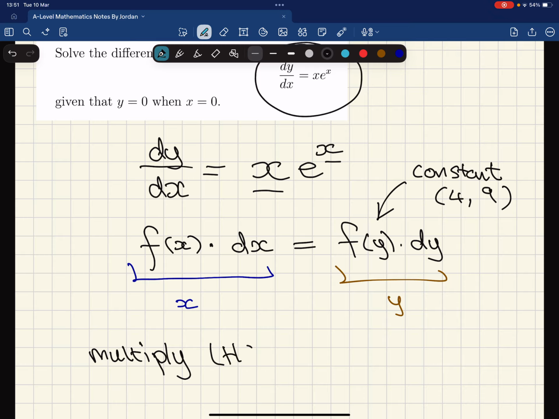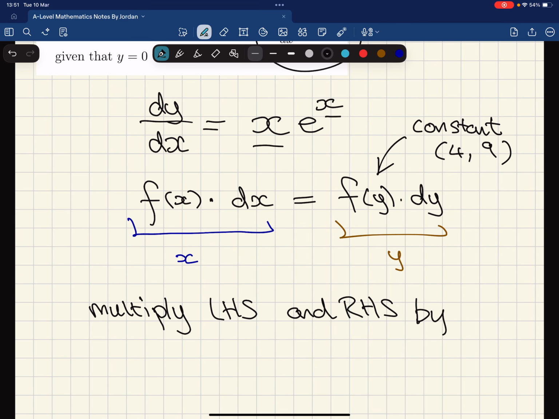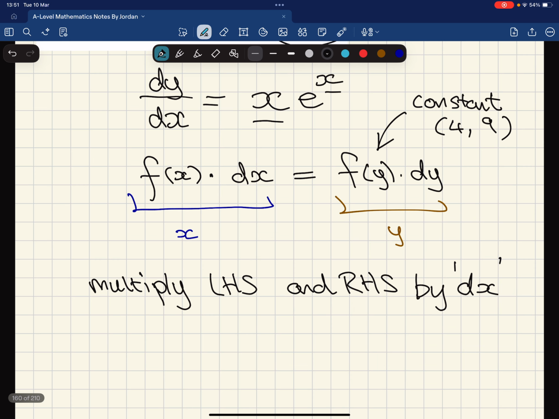So LHS meaning left hand side and the right hand side by dx. Okay, so what happens here, if you think about it, is you've got dy over dx times by dx. That will just leave you with dy. Then we have x multiplied by e to the power of x. And now what you should find is that dx is now on the right side here.